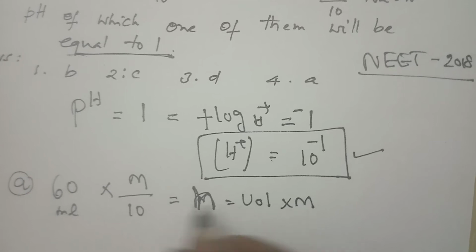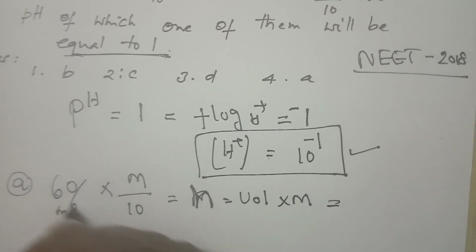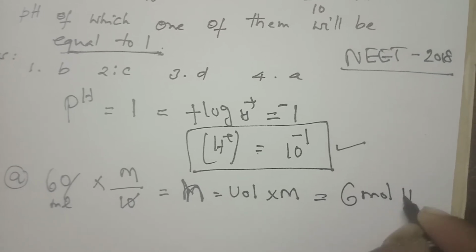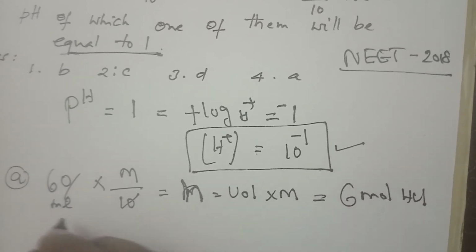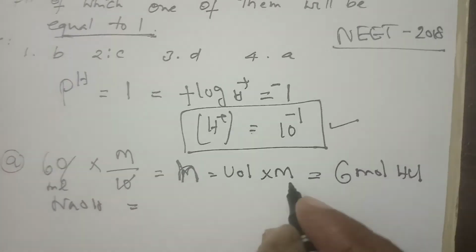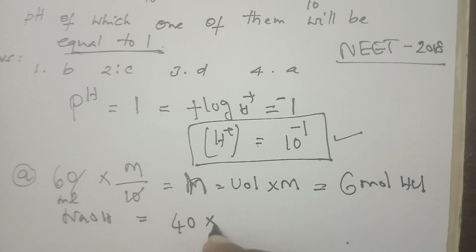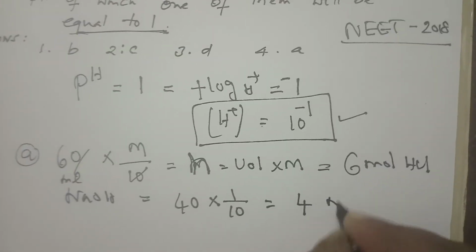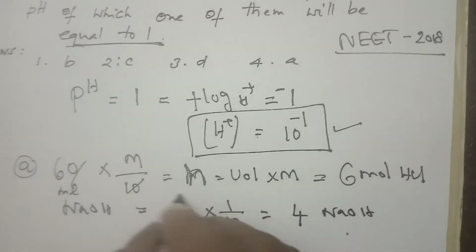So the number of moles I am getting is 6 moles of hydrochloric acid. Like that you can find it for sodium hydroxide. This is the formula, volume into molarity: 40 ml into 1 by 10, you are getting 4 for NaOH.